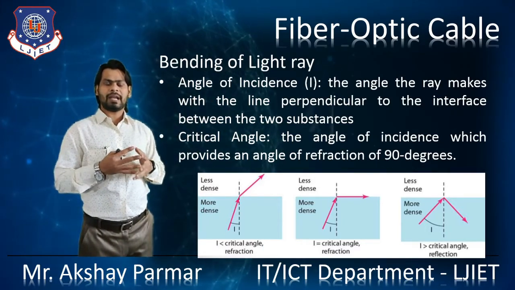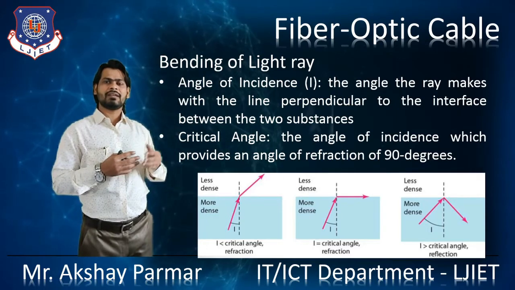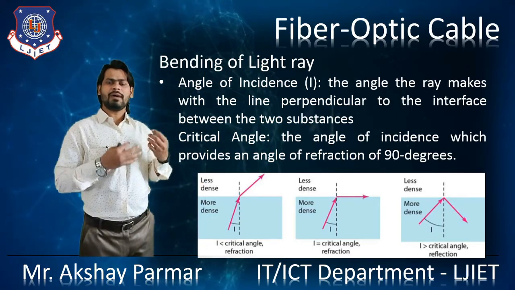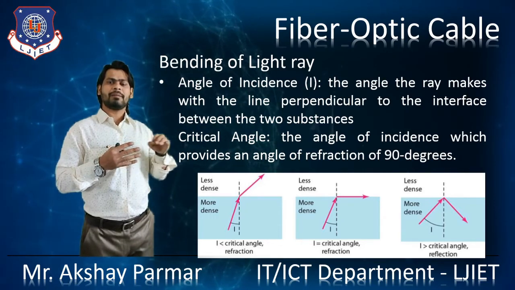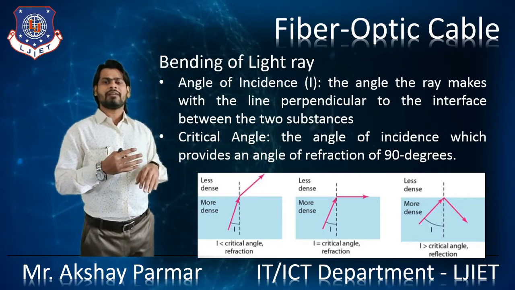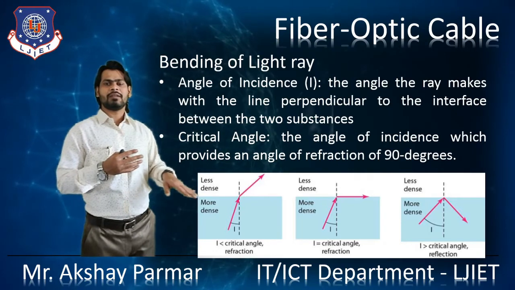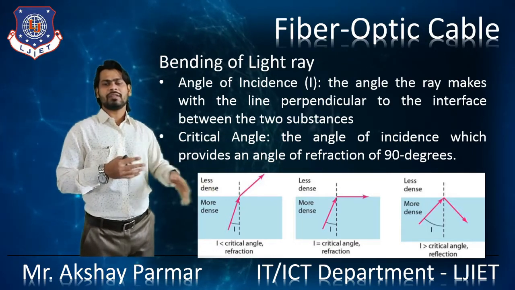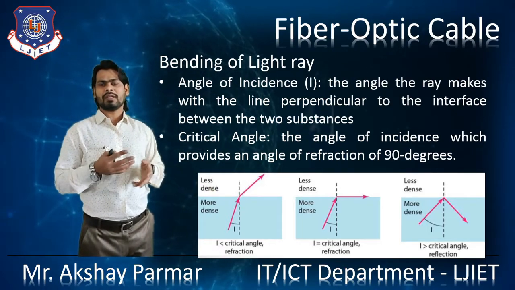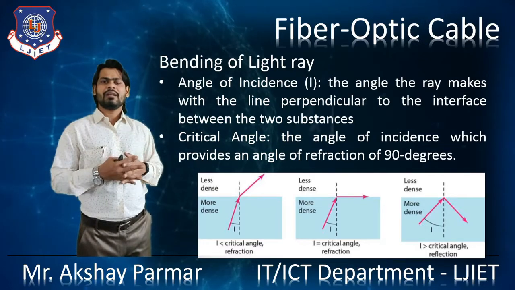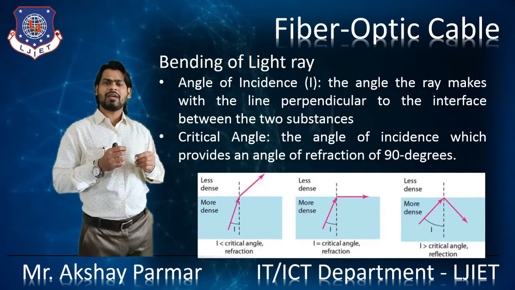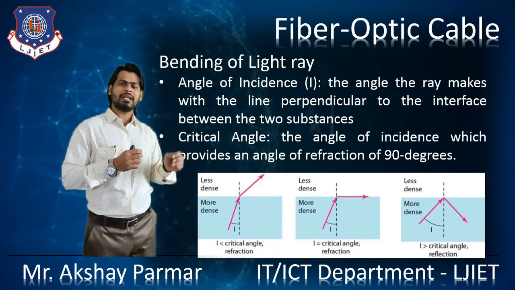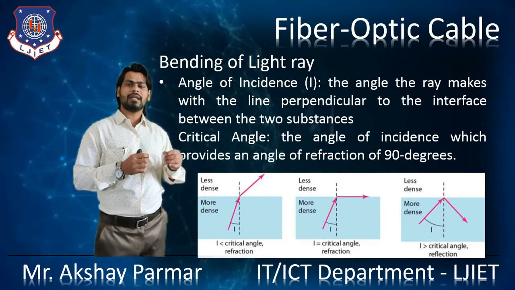Likewise, if we change the angle of incidence, we are able to reflect the light at a particular angle such that it will be reflected at 90 degrees with the surface, right? For that, let's see the critical angle. The angle of incidence which provides the angle of refraction of 90 degrees is called the critical angle.